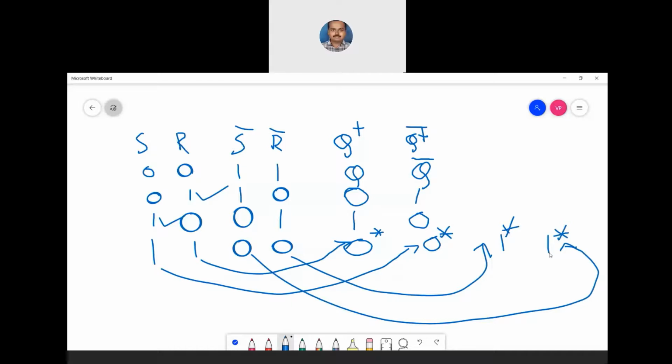Everyone understood how it works? If you know the SR latch, you can easily understand the S bar R bar latch.